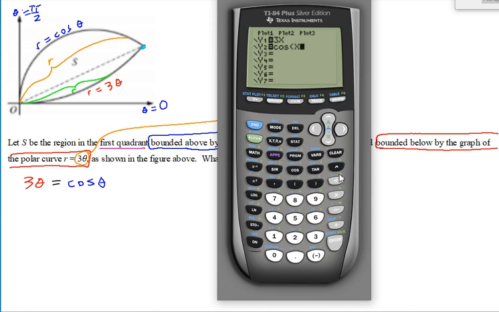Or you could also use r1 of x and r2 of x, since we've already entered them in our calculator, either way. Going to vars, y variables, and polar. If you go to number 3, polar, you'll see them listed there. You do r1 of x for y1 and r2 of x for y2, either way.